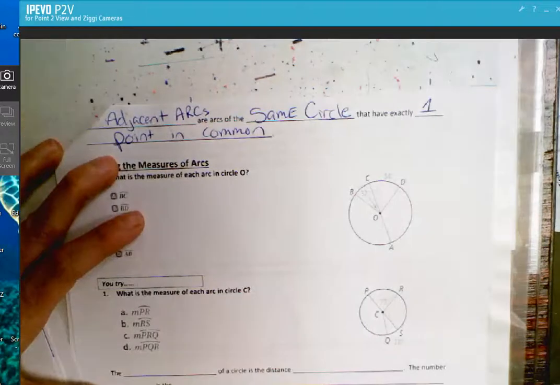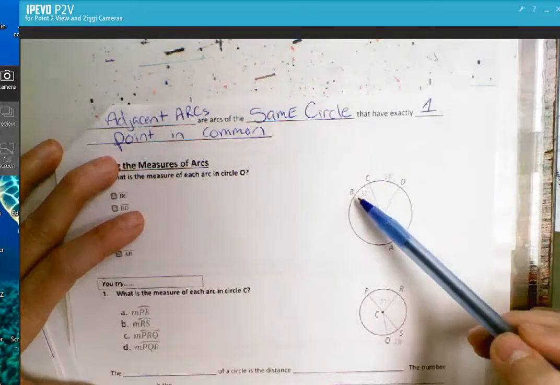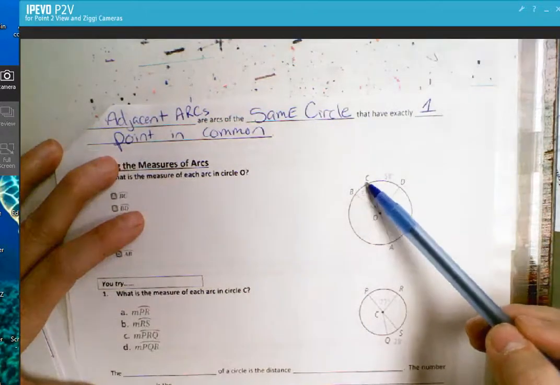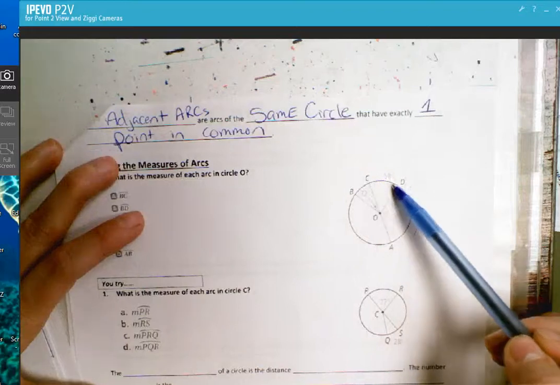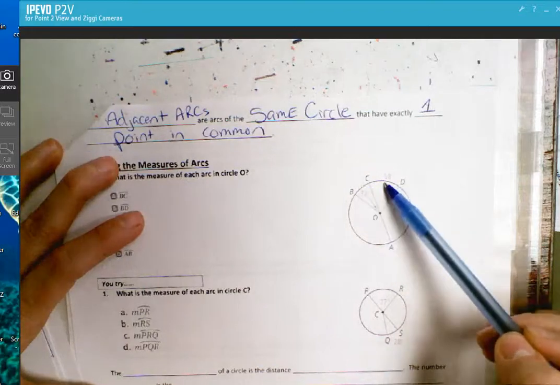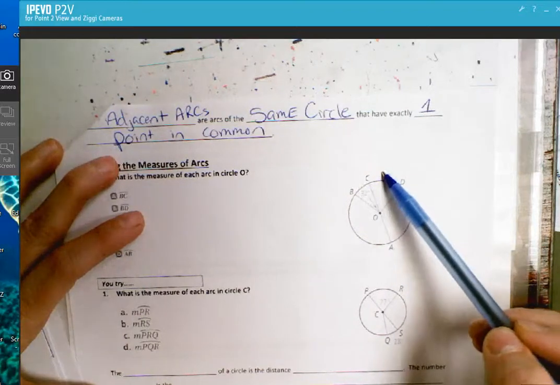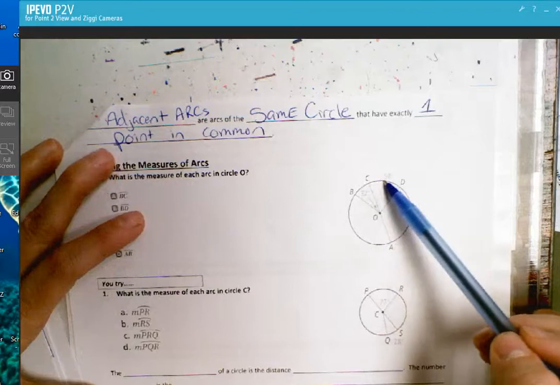So they're arcs that are right next to each other. If I take a look at arc BC and arc CD, they're right next to each other and they share point C. So those are adjacent arcs.